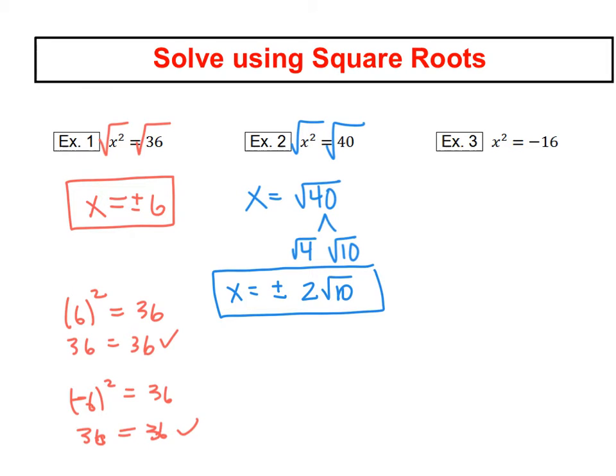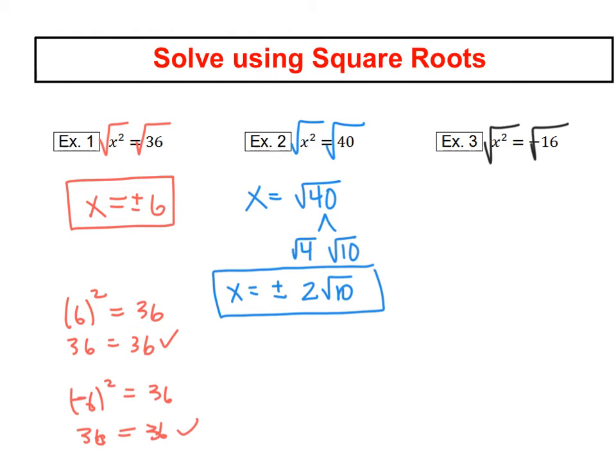All right, example 3. We have x squared equals negative 16, so again, you square root both sides. And then we're going to run into an issue right here. Do you see how we're trying to square root a negative number? If you look back on the left, when we squared 6, we got a positive 36.